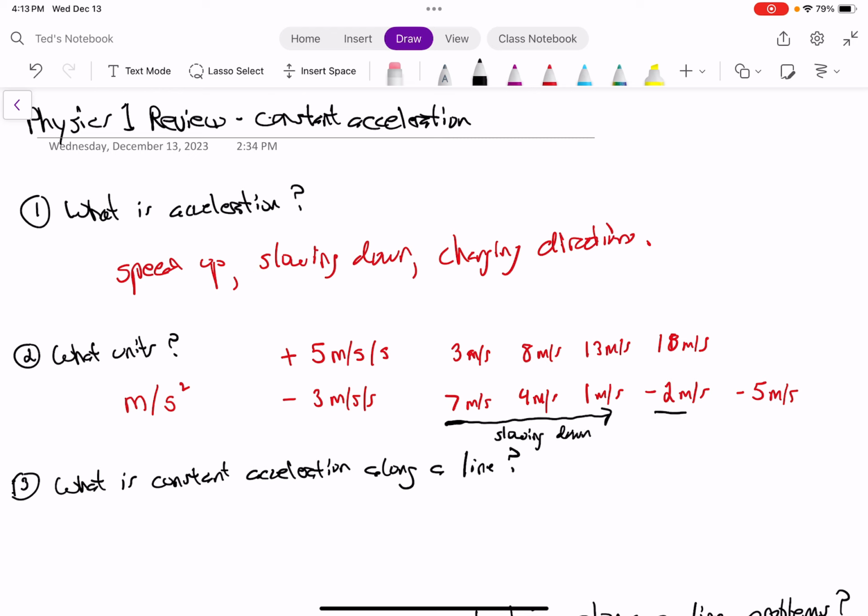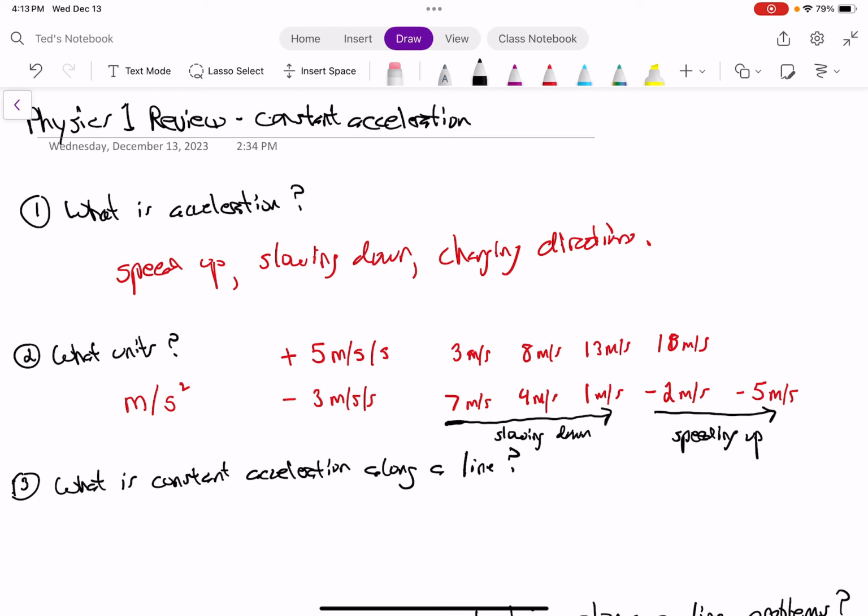But from negative 2 meters per second to negative 5 meters per second, we were actually speeding up. And we still had a negative acceleration. That negative acceleration was giving us a faster and faster negative velocity.